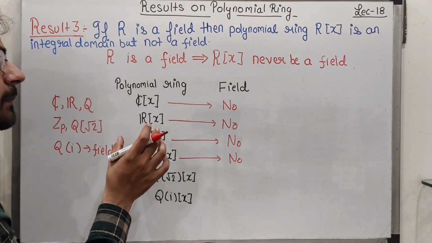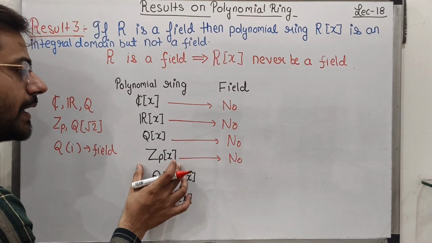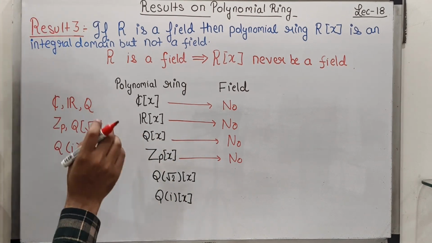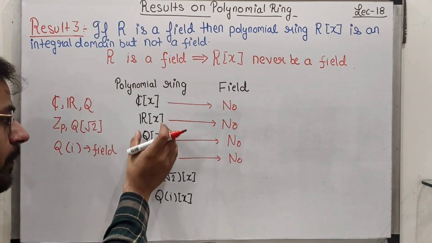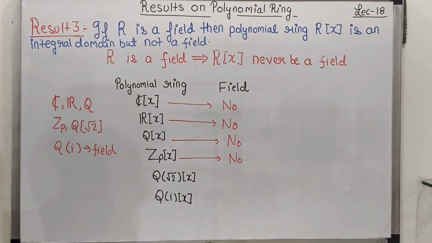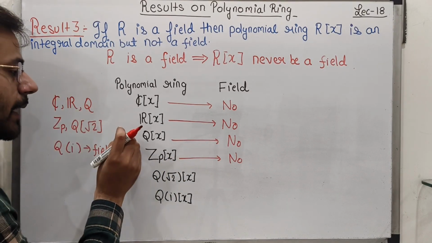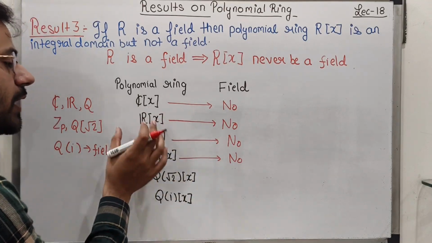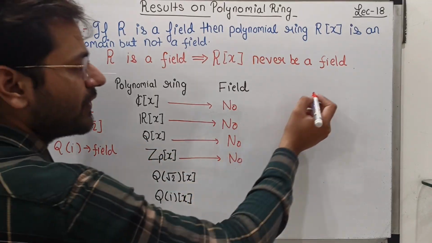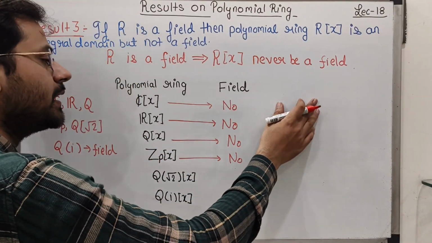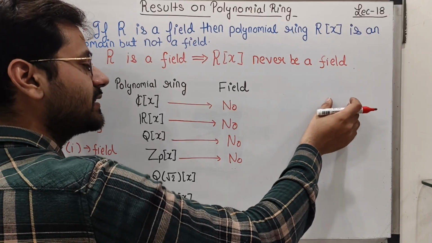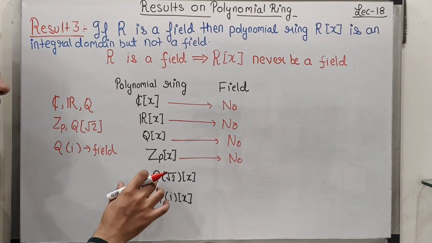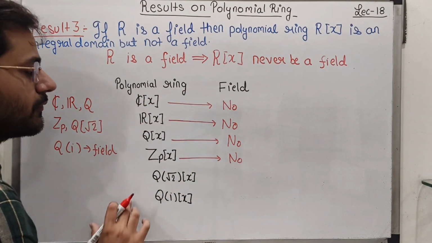Although all these parent rings are fields, the polynomial ring is not a field, because in every polynomial ring stated here there is an element whose multiplicative inverse does not exist. For a particular case, we can take f(x) equal to x. This is the element whose multiplicative inverse is not present in all these polynomial rings. As a result, they are not fields.